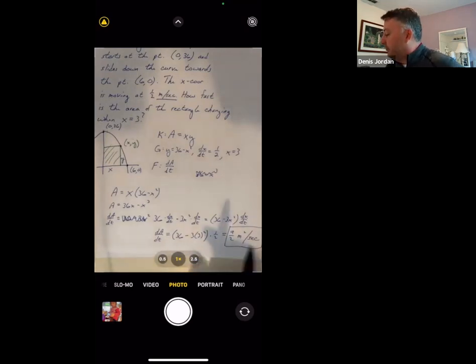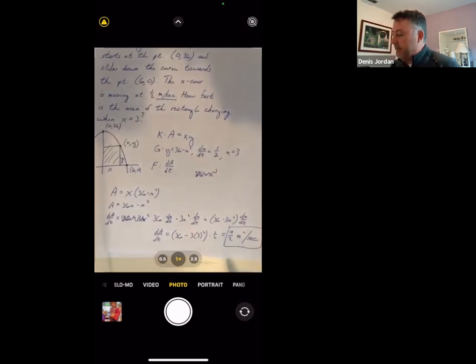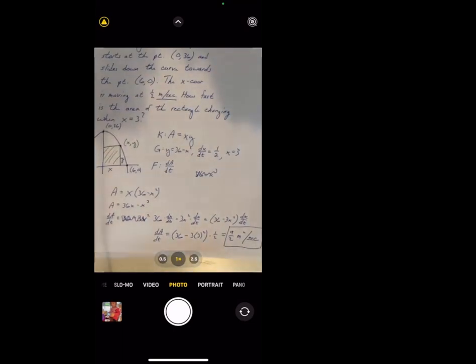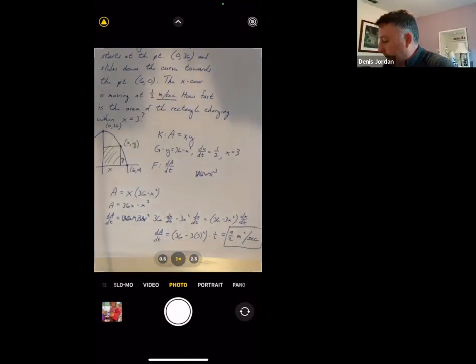Just for argument's sake, could this value come out as a negative? Would that be possible, or does it always have to be positive? Could it come out negative if the area was getting smaller? Yeah, it could.